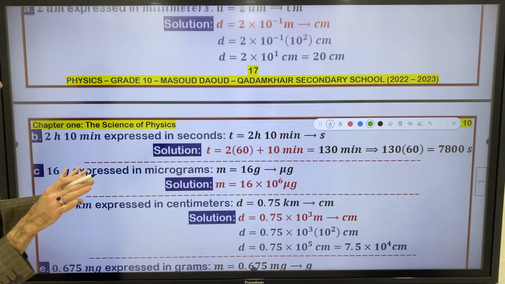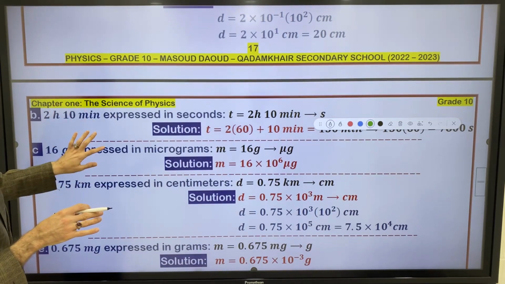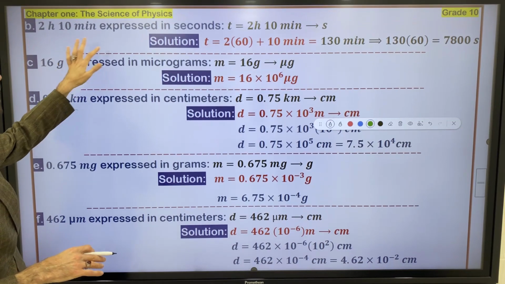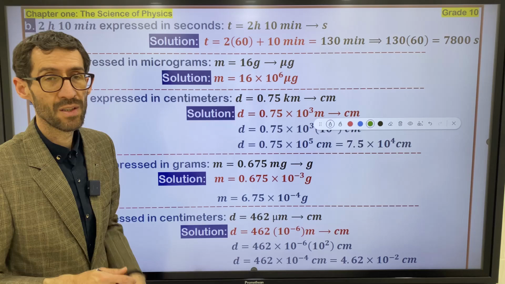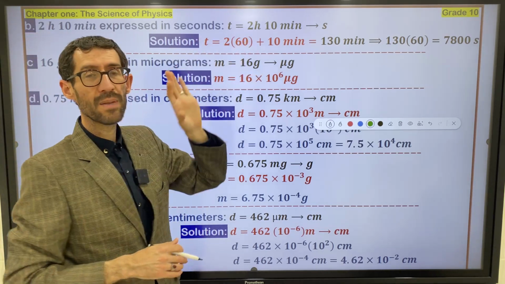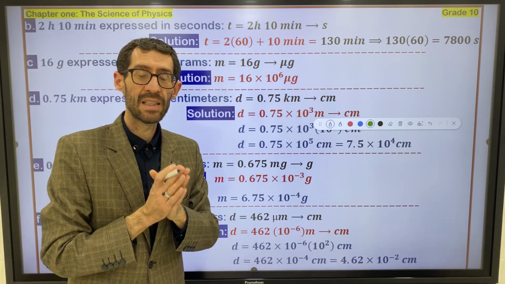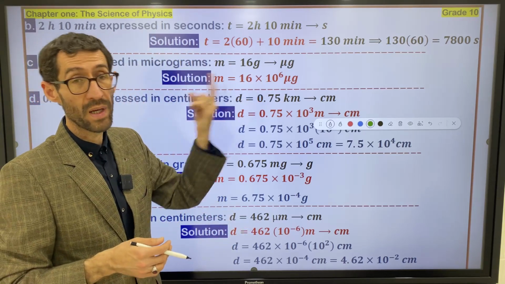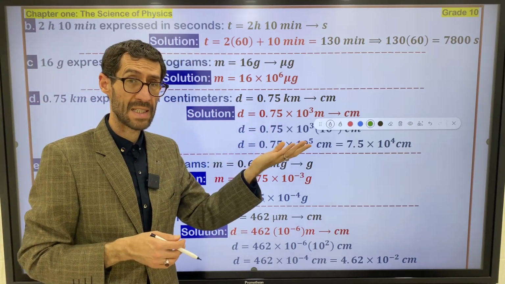The same question, B. 2 hours and 10 minutes, we want to convert it to seconds. So each hour contains 60 minutes, right? 1 hour is equivalent to 60 minutes.